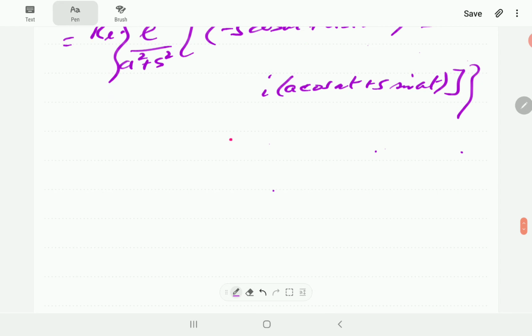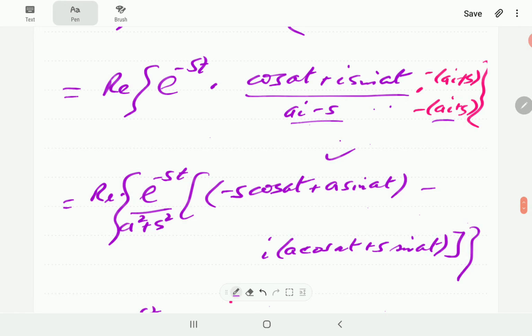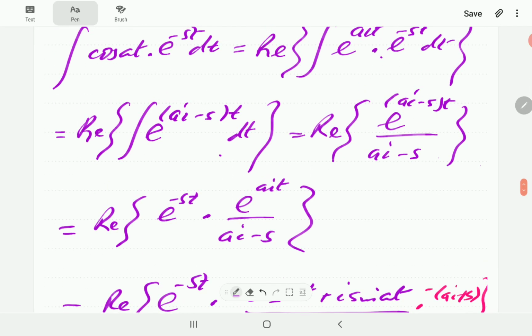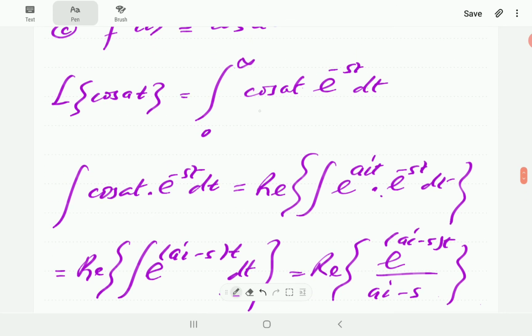So if we extract the real part of this, it's going to be e to the minus st over a squared plus s squared, times a sine at minus s cosine at. So that is going to be the integral of this.